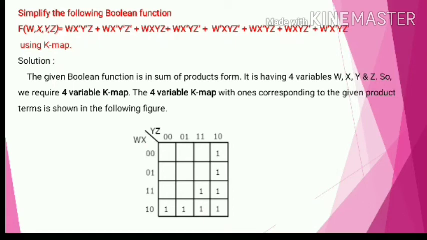So R4 C2 is marked as 1. In this way all the values are marked as 1. There are 8 minterms, so 8 values are marked in the K-map table first. This is the first step.